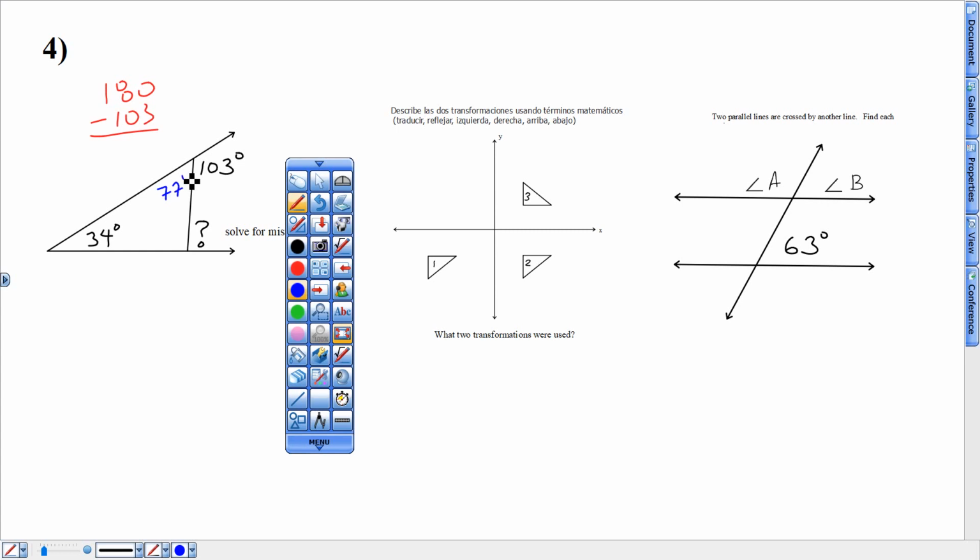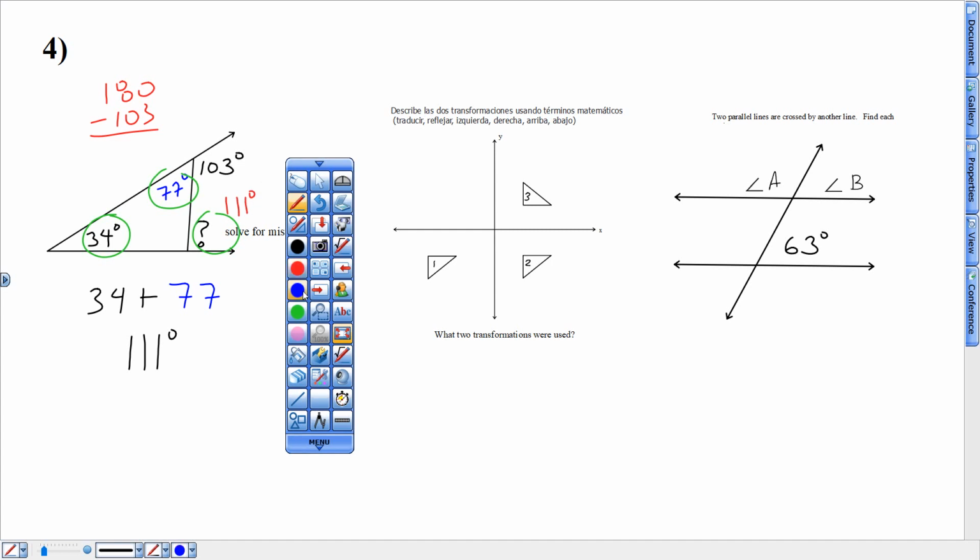And then just know to find this outside angle, all I have to do is add these up. Those are going to be given to you right away on test day. You don't even have to subtract to find that 77. It's going to be given to you. So all you have to do is take that 34 and that 77, add them up to get 111 degrees.